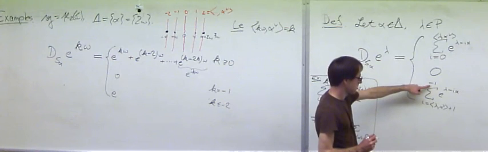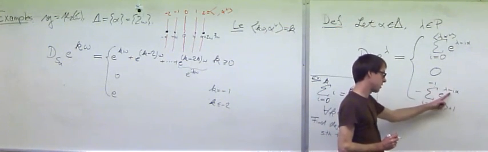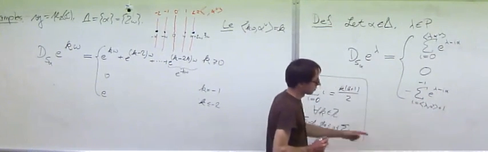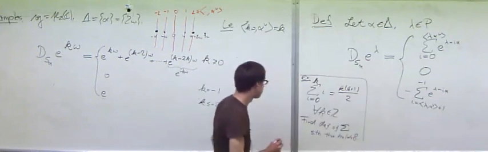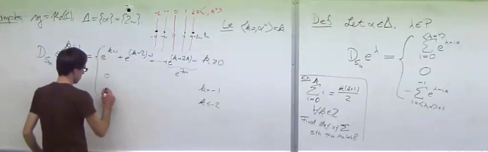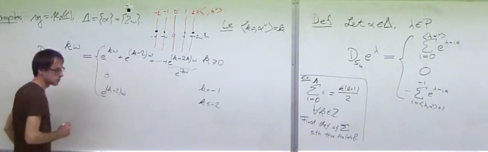The last summand is -1, so there's a minus also. This gives a plus alpha, so that's e to the k plus 2 omega.